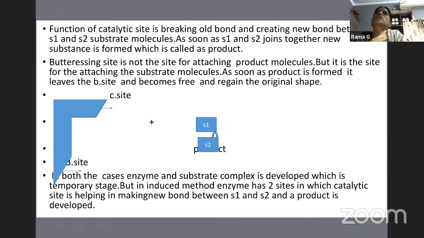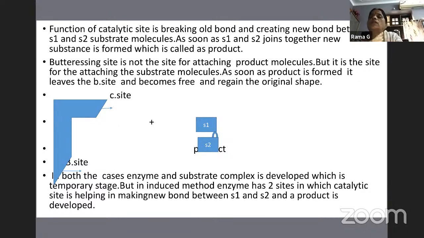Our end products are detaching from the buttressing site. They are leaving the buttressing site. Our end products are not attaching with the buttressing site. They come out in the form of products, and the enzyme comes out as it is.